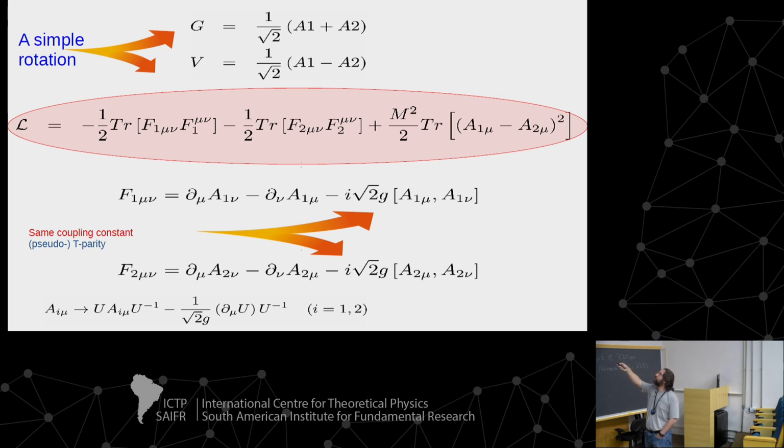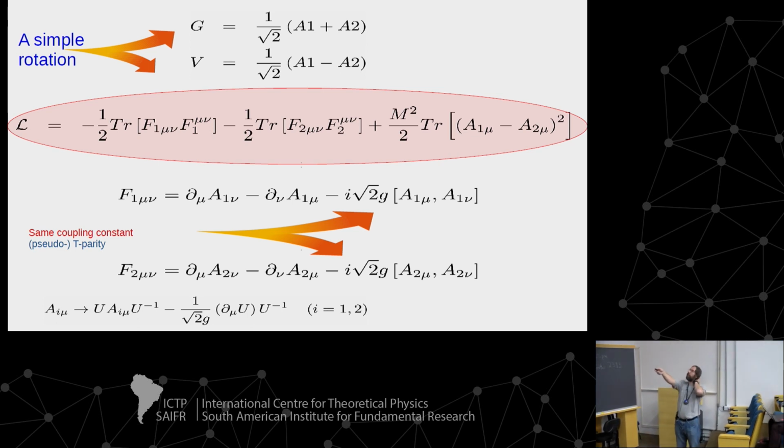So this mass term is gauge invariant. In this form, we also have only one coupling constant. So the Lagrangian features a sort of T parity.